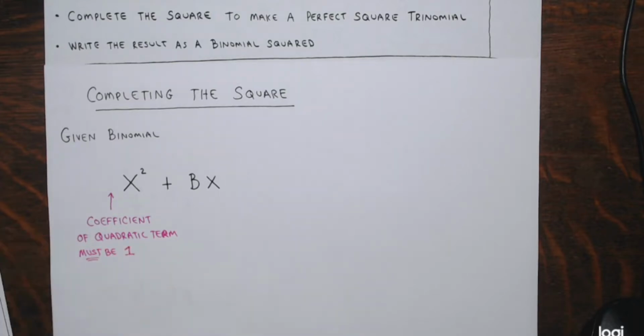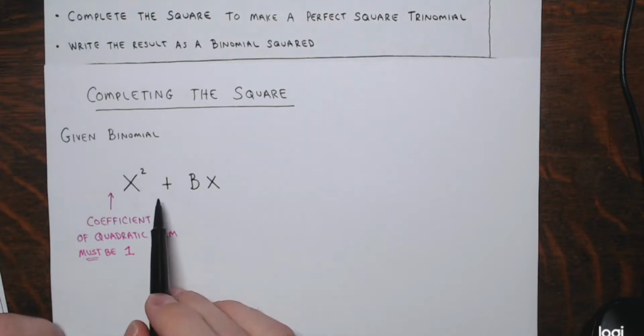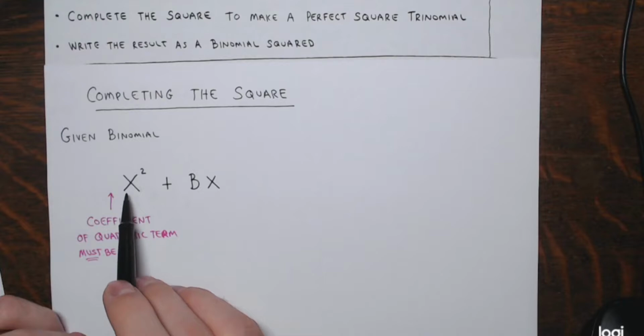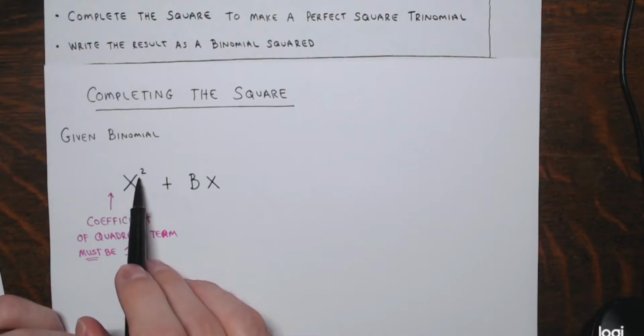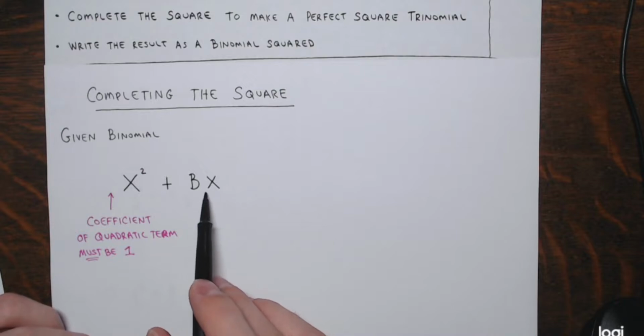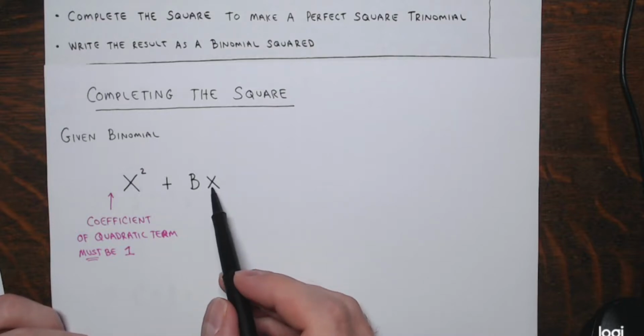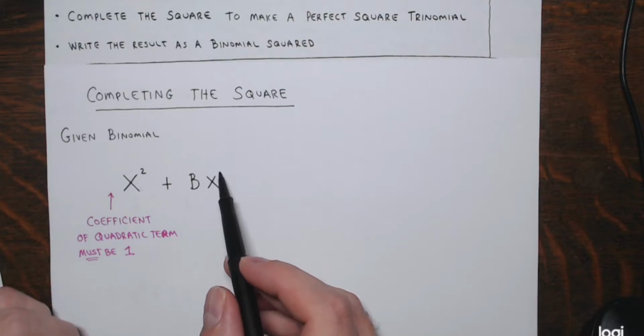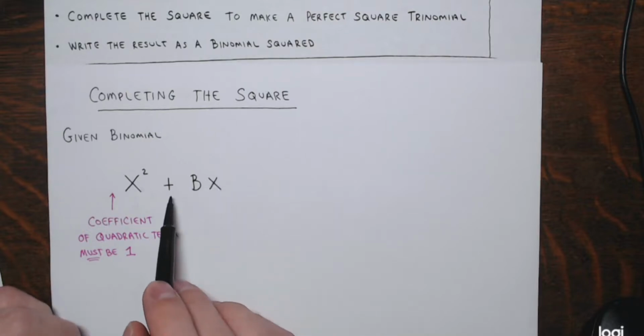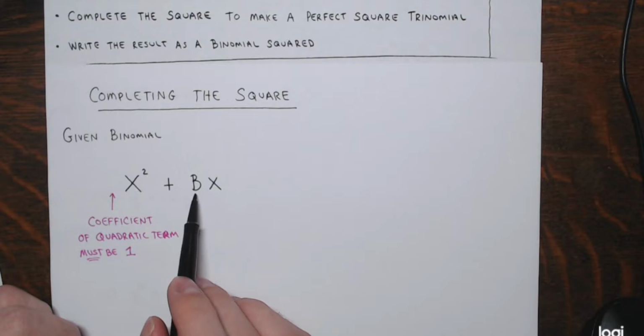And then you have a linear term. So we'll have a quadratic term with x, the variable squared, and a linear term which has that same variable x, or whatever the variable is, to the first power. And the coefficient of the linear term is called b.